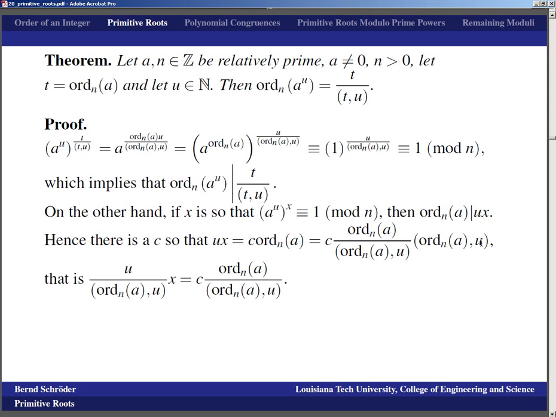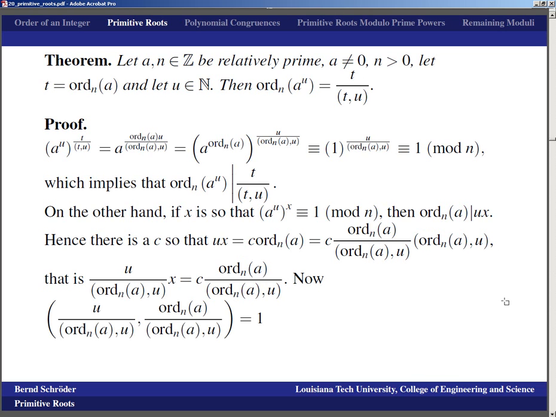And, well, I'm just rewriting that a little bit here, because that means u over the greatest common divisor of the order of a and u, times x, is equivalent to c times the order of a divided by the greatest common divisor of the order of a and u. Yeah, I've just divided by this greatest common divisor here.